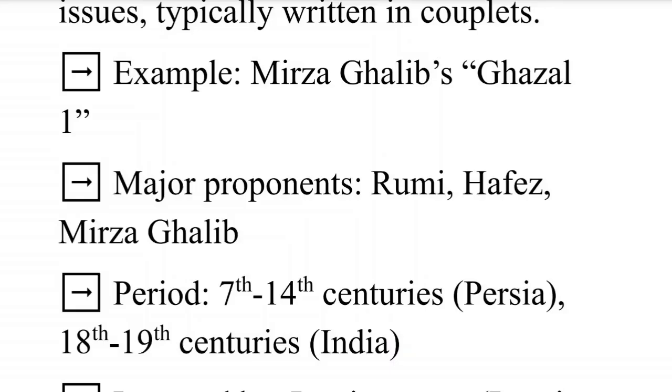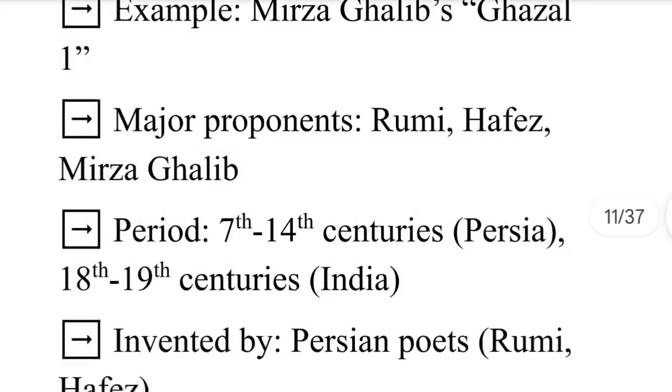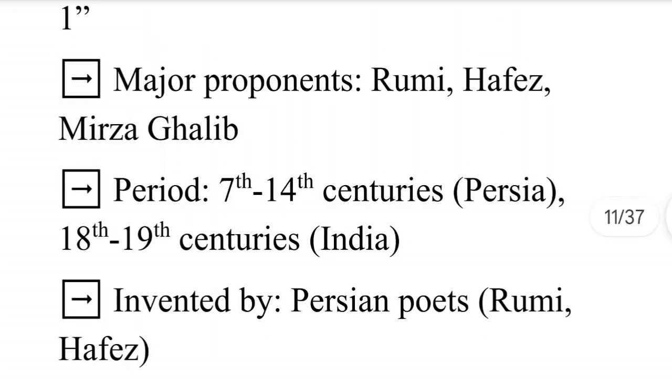That's when it was introduced in India during the 18th and 19th centuries, and it was invented by Persian poets, especially Rumi and Hafiz. So this is all about ghazal.